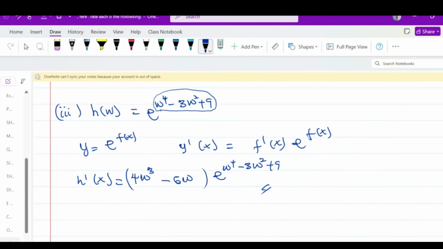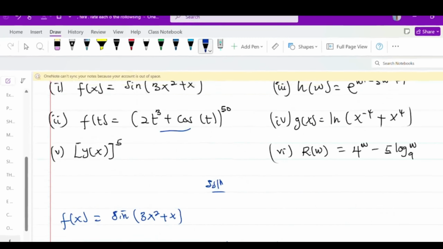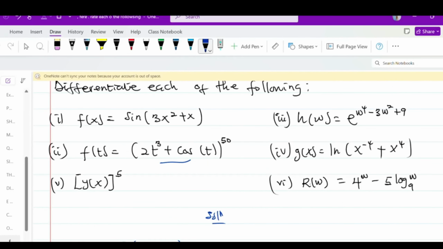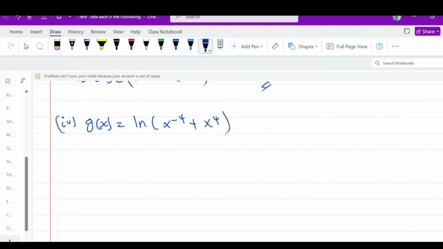And for the fourth question, we are to differentiate g of x, which is equal to ln of x exponent negative 4 plus x exponent 4. We can also see that this is a composite function. So if you let u be equal to x exponent negative 4 plus x exponent 4, which is the inner function, then our outer function will be g of u, which is equal to ln of u.